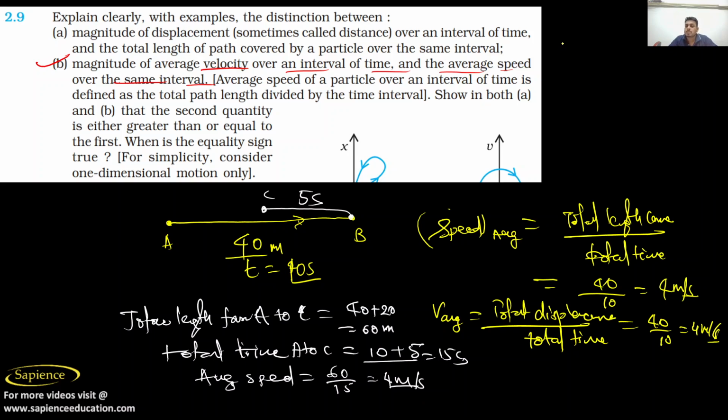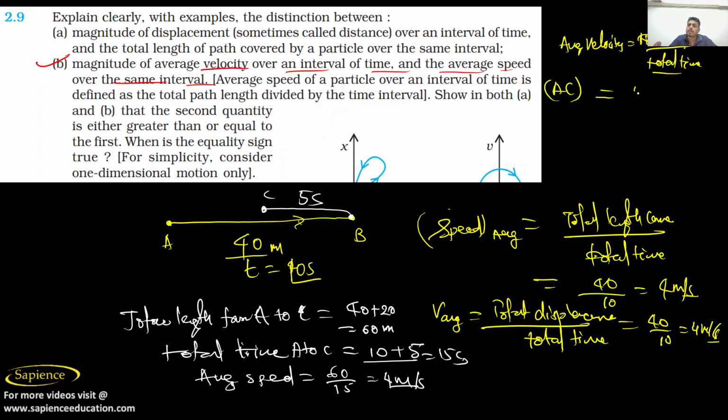Average velocity is equal to net total displacement by total time. So tell me, what is the total displacement here from A to C? I am talking about AC. Okay, total displacement is how much?